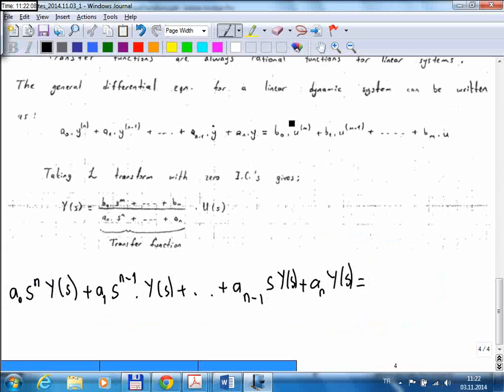You do the same thing for the right hand side. You have b0 times s to the power m times the Laplace transform of u, plus b1 times s to the power m minus 1 times U of s, and then all the other terms, and finally bm times the Laplace transform of u.